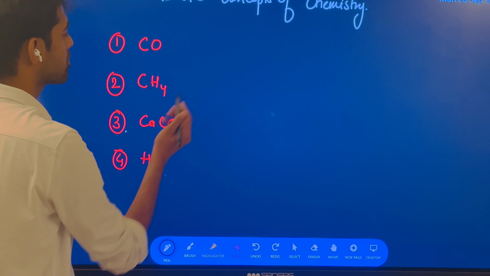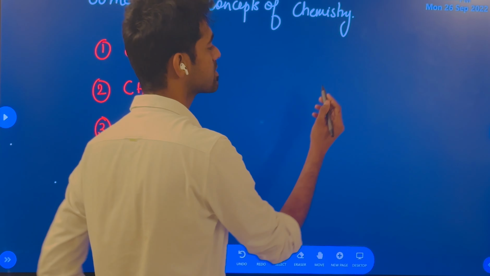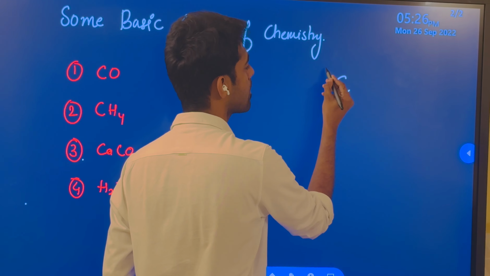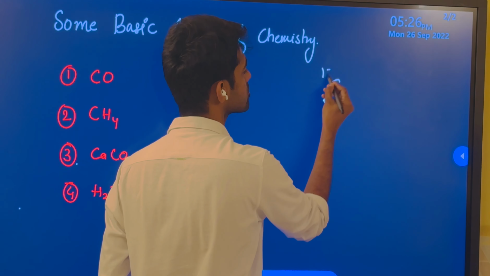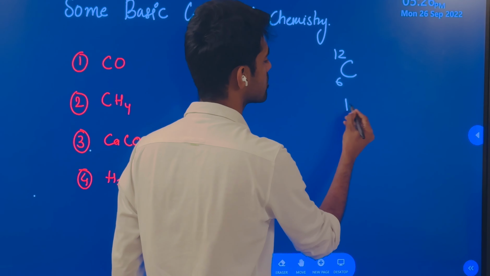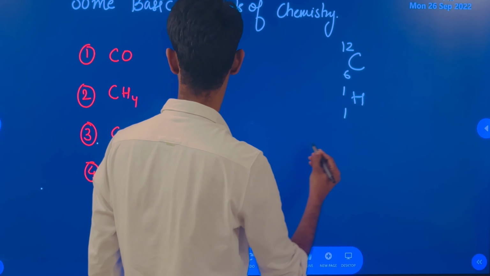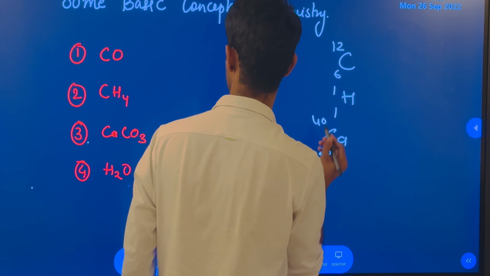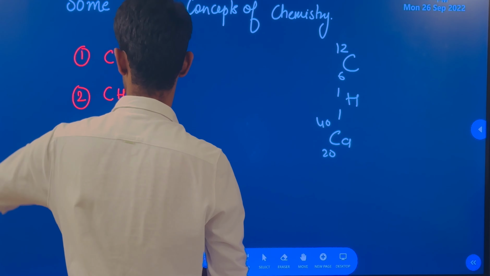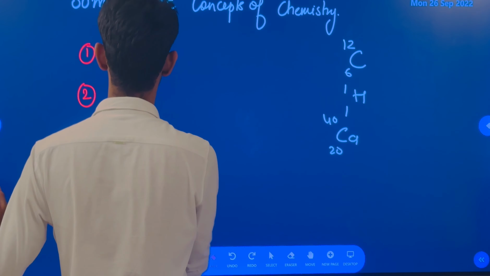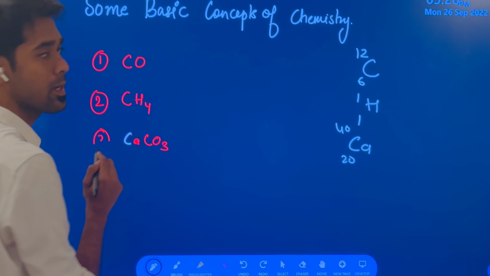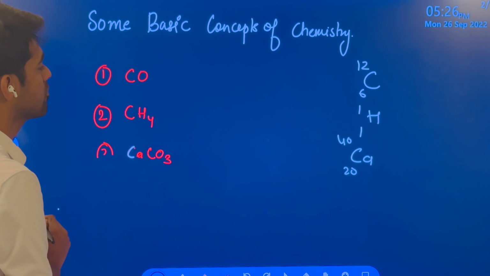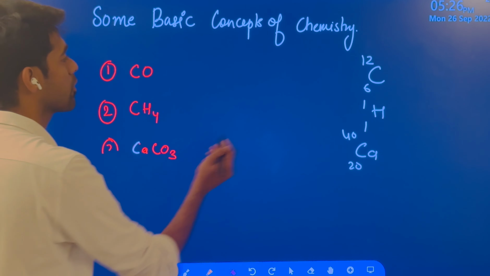Let's focus on this. CO. So we'll see first these examples. If I am supposed to calculate the number of protons for CO, what am I going to do?